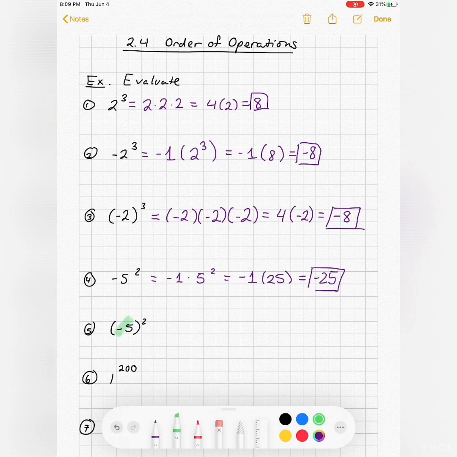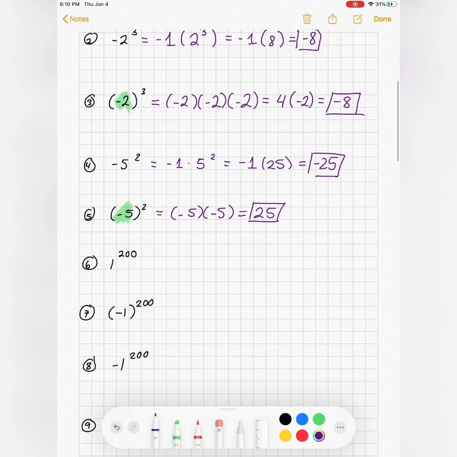Versus number 5 is like number 3, where I have the parentheses. That means that whole quantity is squared. So I take that whole quantity and multiply it by itself. A negative times a negative is a positive. And so you can kind of pick up on a pattern. Let's see when we look at these next few.